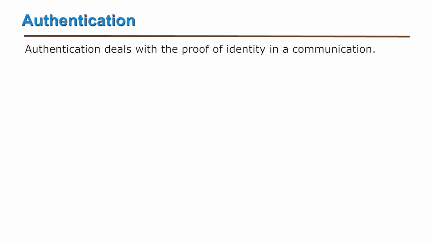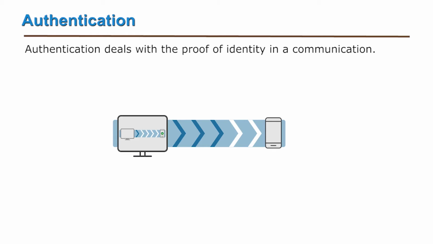Third comes authentication. Authentication deals with the proof of identity in a communication. When the legitimate parties communicate with each other, security is ensured if a proper authentication mechanism is entrusted.